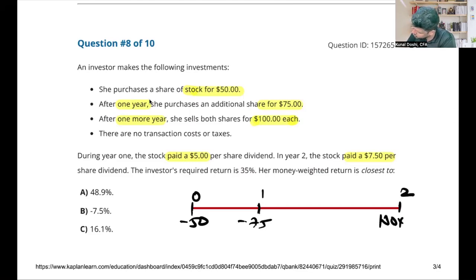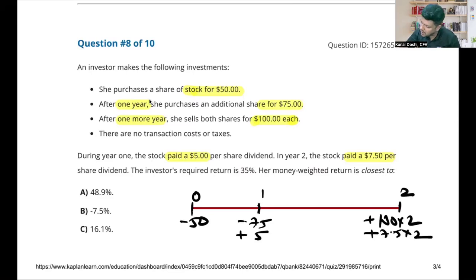So 100 into 2, clear? Plus, they said during the first year the stock paid a dividend of 5, so this is plus 5, right? And in the second period, the stock paid 7.5 per share, so I will do 7.5 into 2. Everyone understanding this?